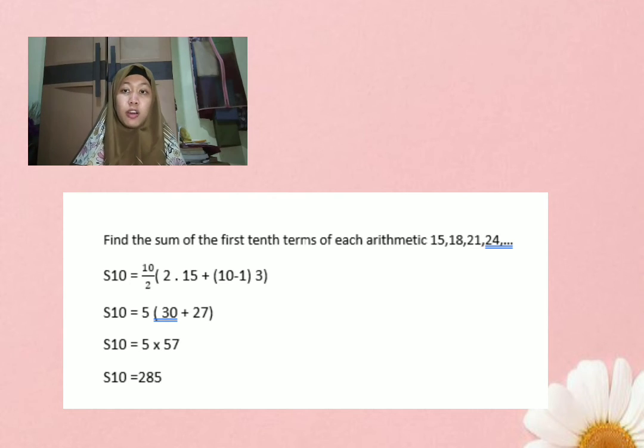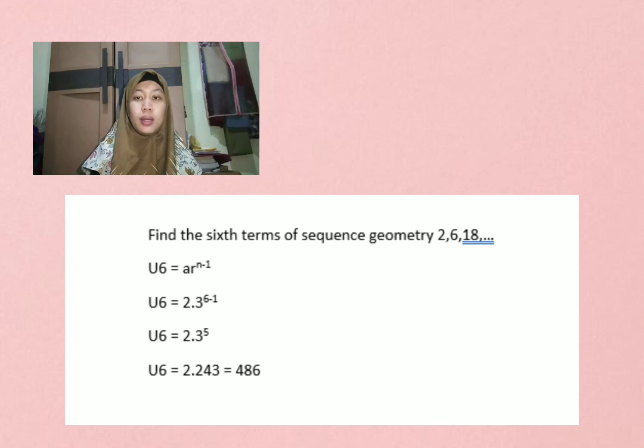So the sum of the first 10 terms equals 10 over 2 open parenthesis 2 times 15 plus 10 minus 1 in parentheses times 3 close parenthesis equals 5 times 57 equals 285.